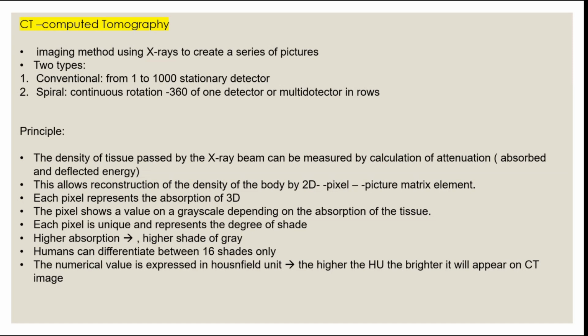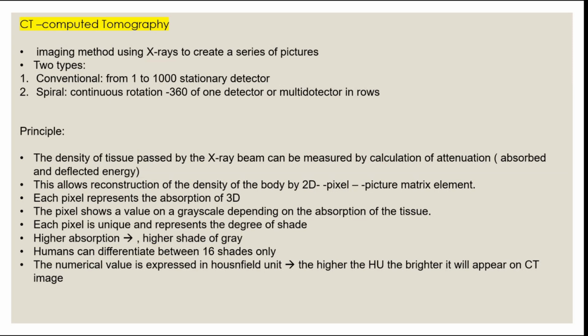The density of tissue passed by the X-ray is measured by calculation of attenuation, so the absorbed and the deflected energy. So the picture will be reconstructed in a 2D picture matrix element, and each pixel has a different grayscale depending on the absorption of tissue.